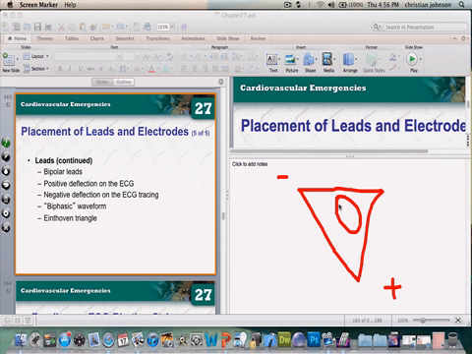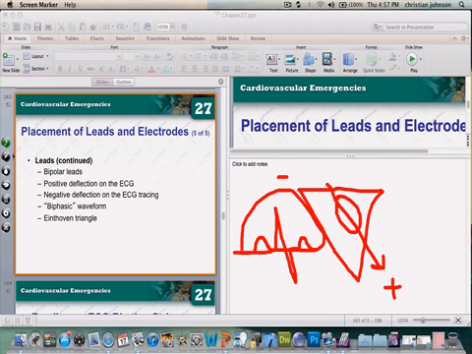The electrical conduction of the heart is actually flowing towards this positive lead. And because electricity is flowing towards this positive lead, it's going to represent mostly upright on an EKG. And when I say upright on an EKG, I mean that the majority of the EKG is above the baseline. All right? It's above the baseline.